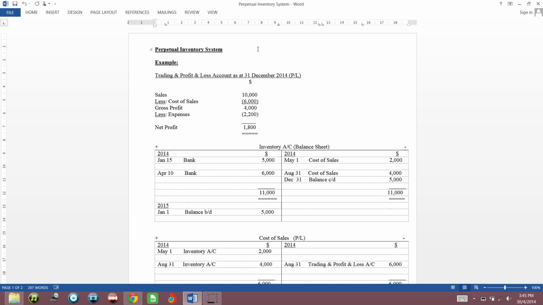So now, let me imagine a bit. If I have a small provision shop, or I'm a very small business owner, I don't need to know my actual profit, and I don't need to know my actual stock at any point of time. I can afford to wait until the end of the year before I know my actual profit and my actual stock.